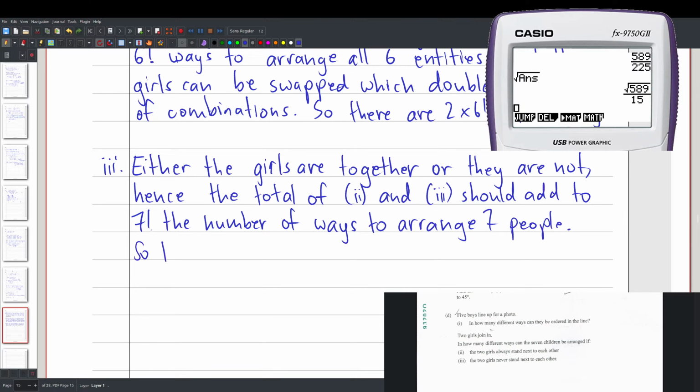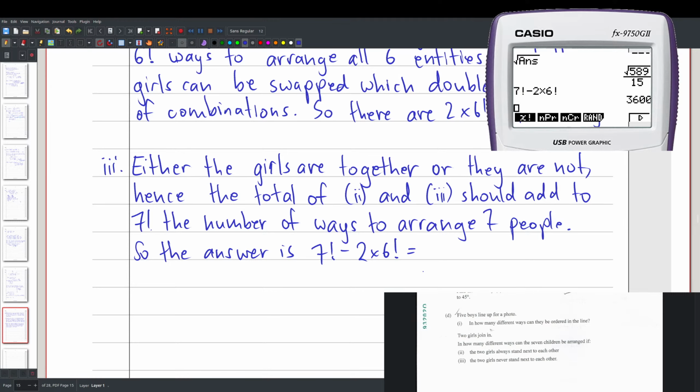So the answer is 7 factorial minus 2 times 6 factorial. What is this? 7 factorial minus 2 times 6 factorial is 3600.